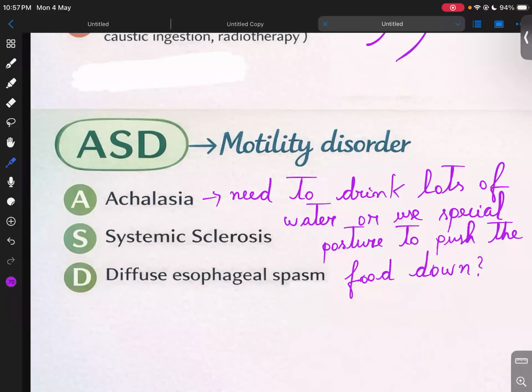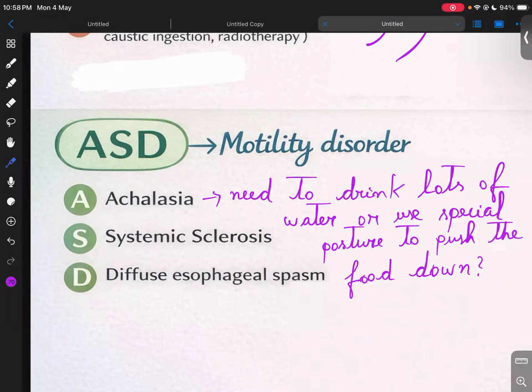Because whenever the patient drinks lots of water, that will create some cavitation that will help the patient to swallow. The patient will sit upright, making the neck straight, and until the food comes down, he will assume this posture of his own. So this is called achalasia. Is it clear to all?